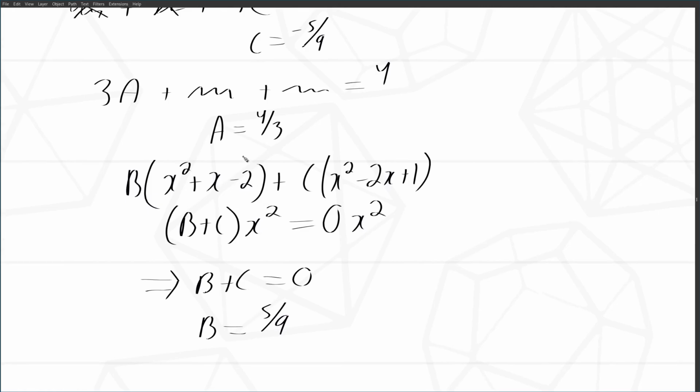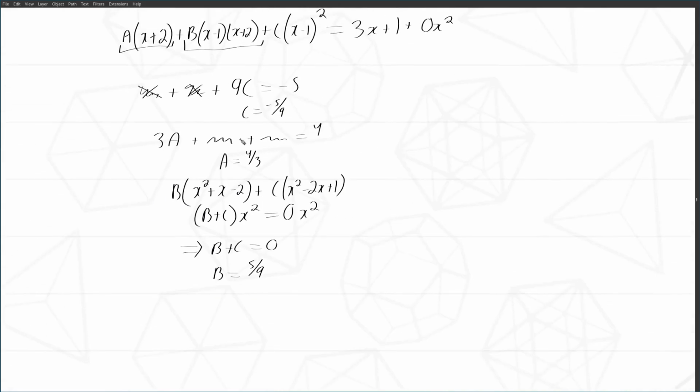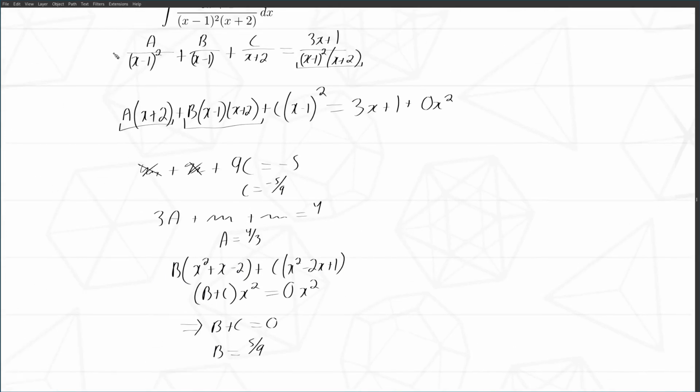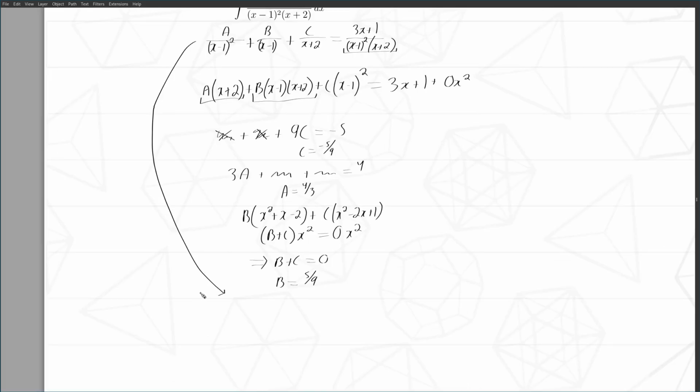Okay, and now that we know the a, b, and c values, we can bring them back here and integrate as normal. We can write the integral again. So I'm going to break it up into 3 little parts by properties of integrals.